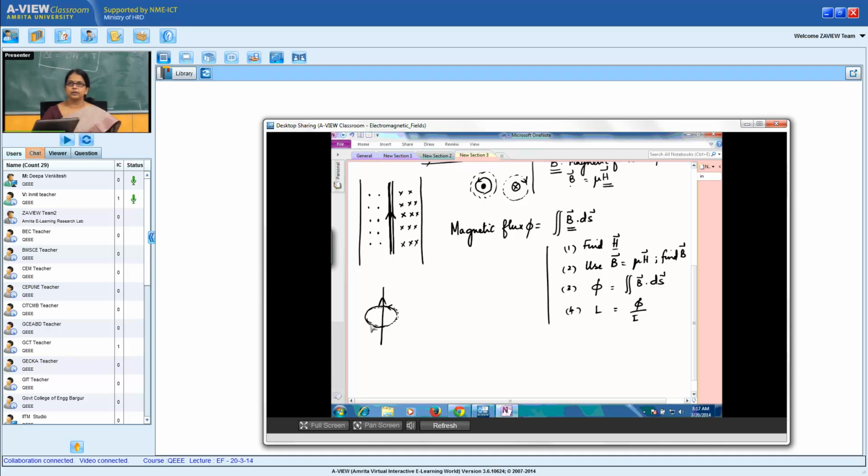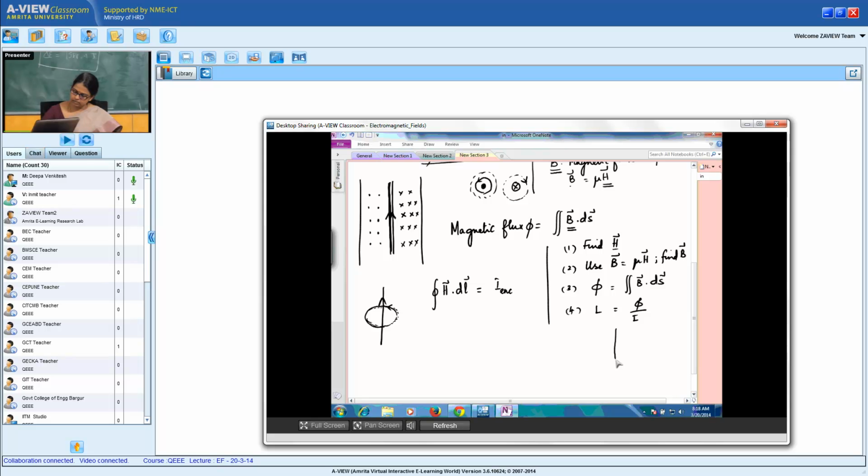I straightly use the integral form of Ampere's law, which says loop integral H dot dl is the current enclosed. If I figure out how to find this loop integral, I know how to find H.